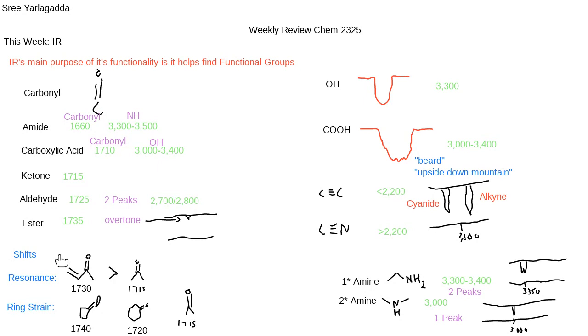These are the 2 shifts you have to be concerned with. And that's the rest of the IR material. The whole purpose is to look at a graph and identify functional groups using those peaks and patterns.